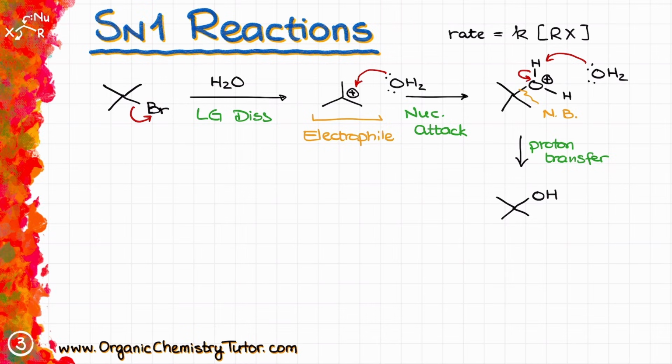Now, sometimes instructors and even some textbooks will show that the proton being picked up in the last step is picked up by the Br-. It is perfectly fine to show something like that on the exam, of course if your instructor allows for that, because statistically speaking, the concentration of Br- is going to be significantly smaller than the concentration of water, and on top of that, water is actually more basic than Br-. So saying that it's going to be Br- picking up that proton is a little bit of a white lie, a little bit of a stretch.